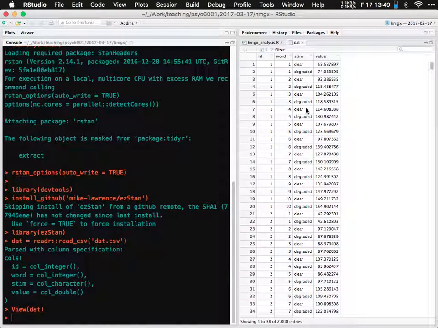This is very typical in psycholinguistics, where you might be interested in the internal processing of words. So you present both words and non-words to people, and you measure how long it takes them to categorize them as either word or non-word. And you might manipulate the stimulus qualities, so you might show them as either clear or degraded.